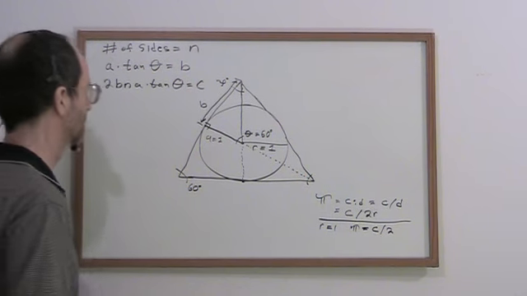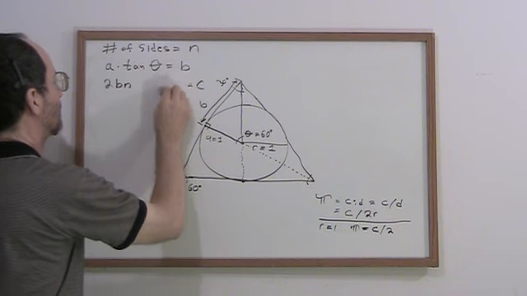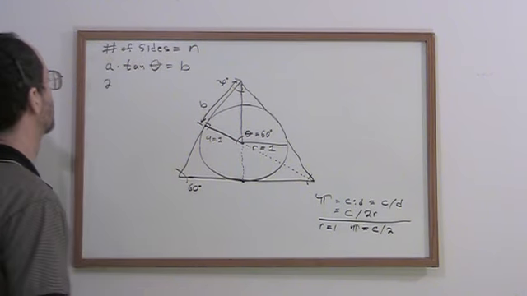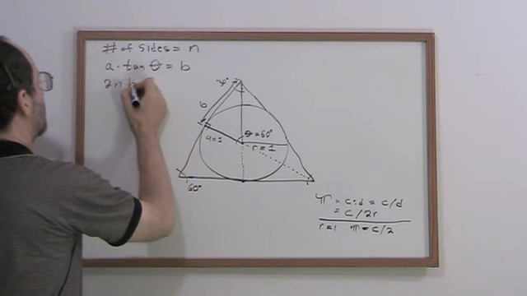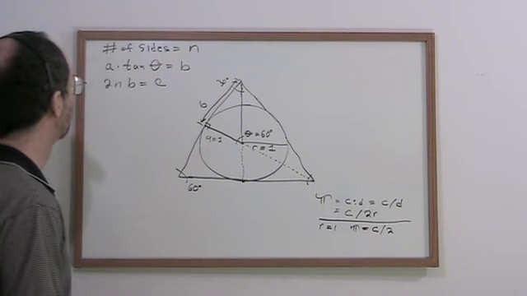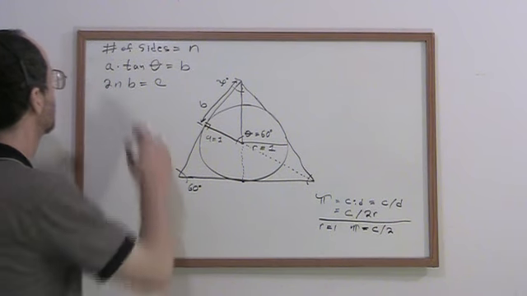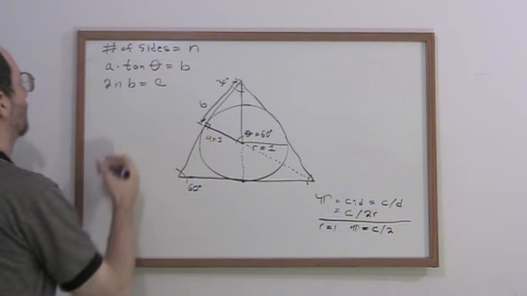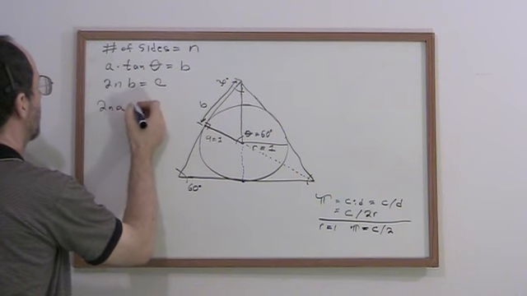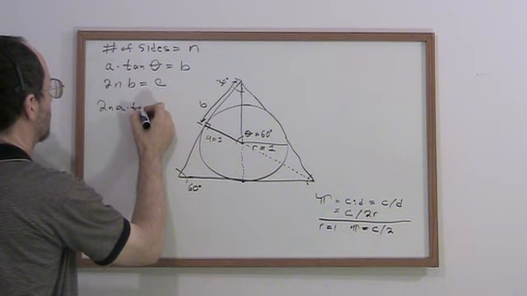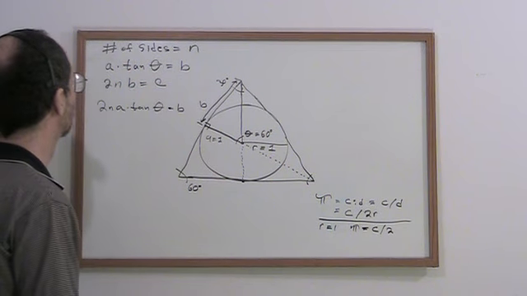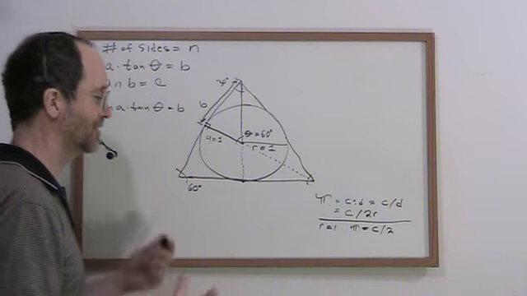Nope, I doubled that. Actually, let's just call this 2NB equals C. Okay, so now if we sub in our equation for B, we have 2NA tangent theta equals C. Now, we're just setting up the framework here.